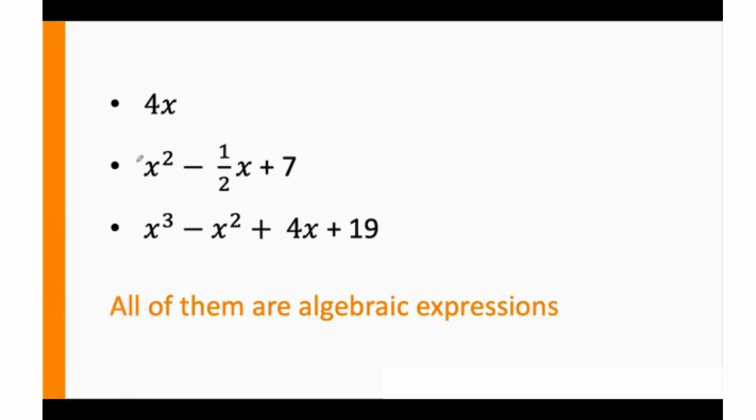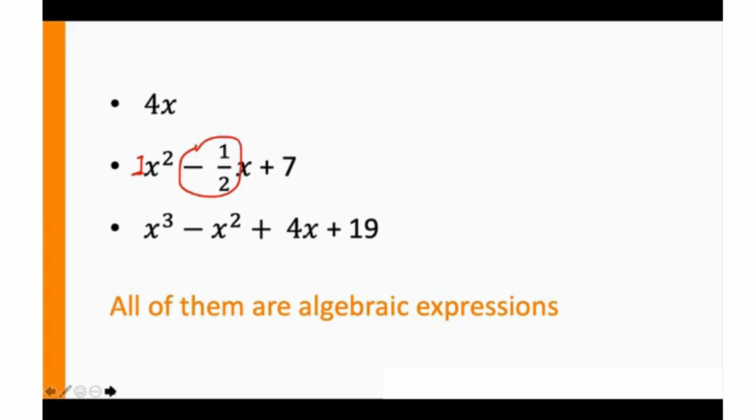So there is 1 as a coefficient with x, so constant and variable. There is -1/2 as constant and x again. In the last example also there is a combination of constants and variables, and so all of them are algebraic expressions. Constants means positive, negative, fractions, all numbers are constants basically.